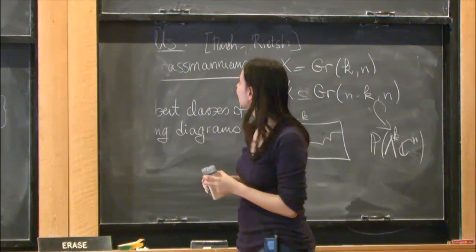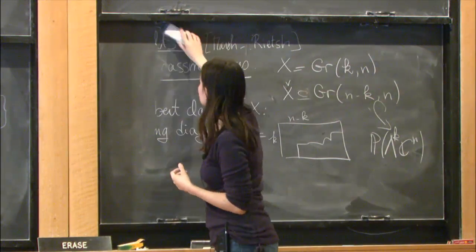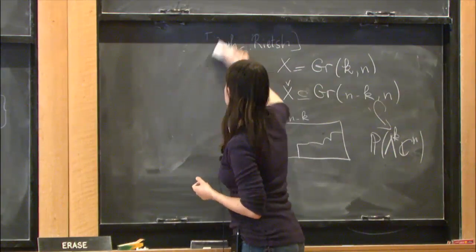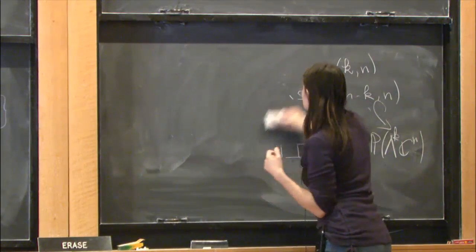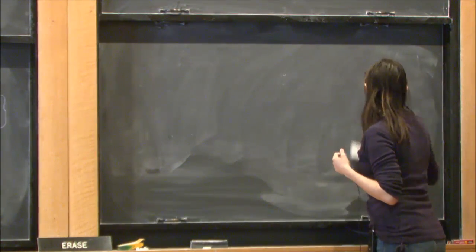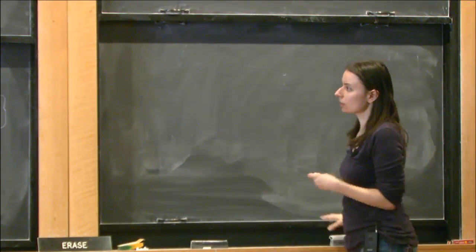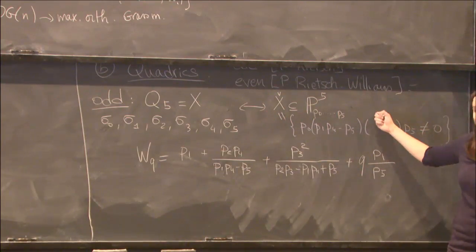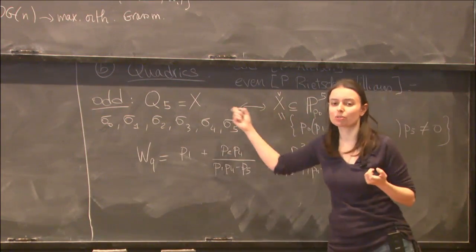So, yeah, I won't go into too much detail, but the even case is a bit different in that the mirror lives in a dual quadric, which is isomorphic to the original one.